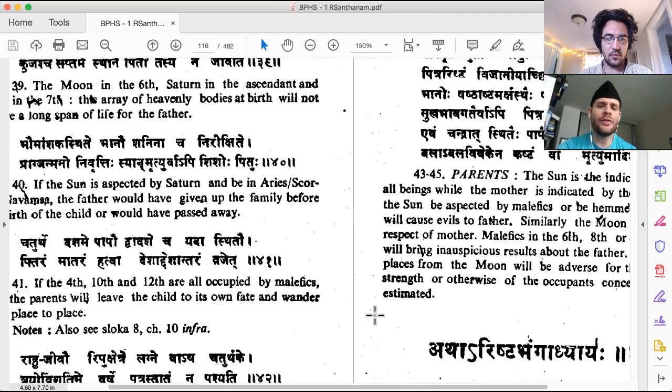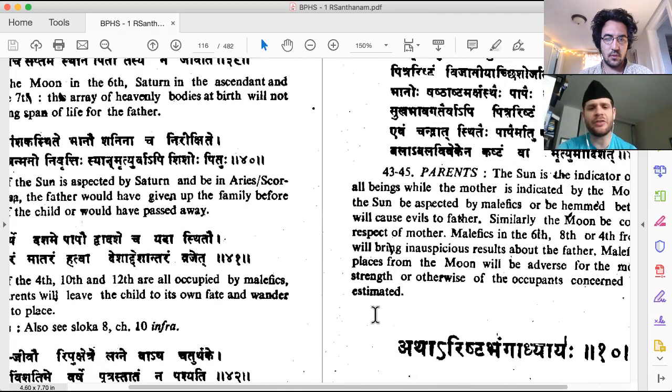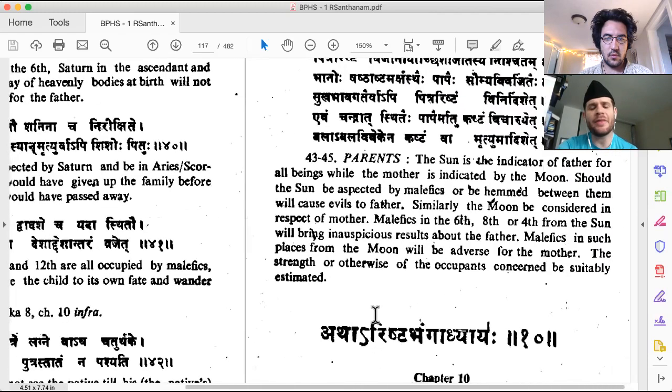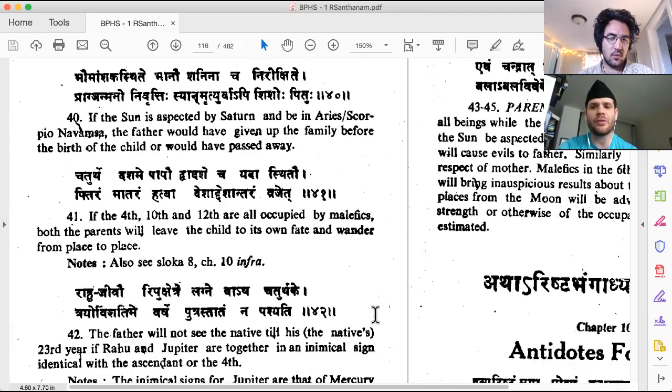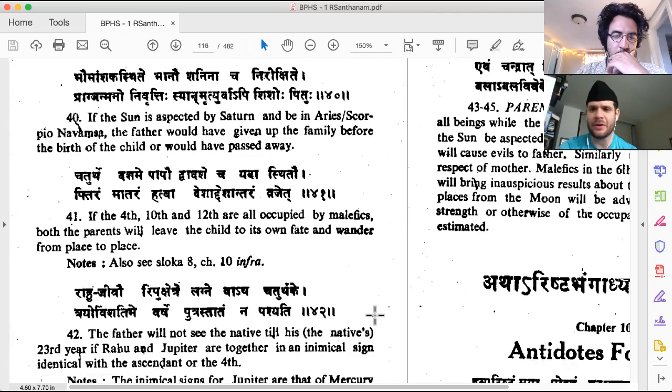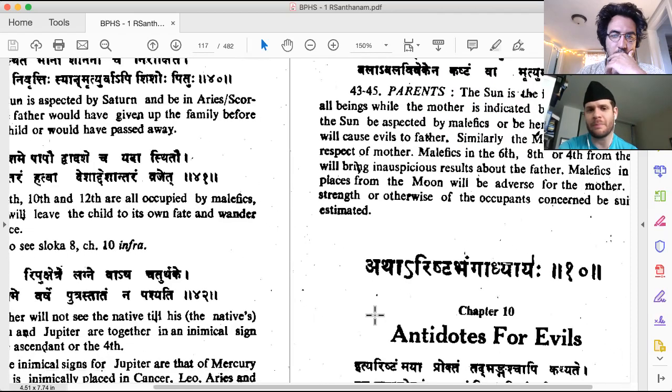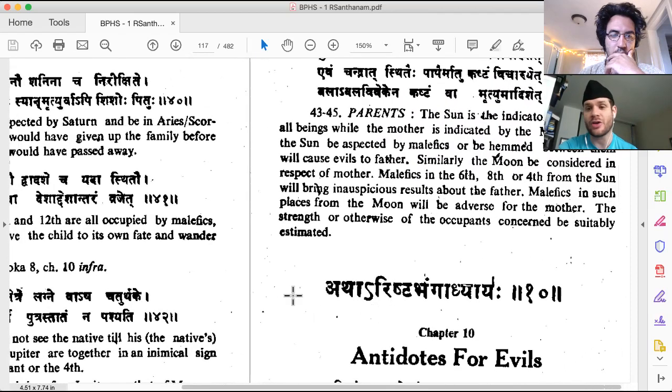Another thing I want to mention, two things before we finish this chapter, is that there's a debate here about what Parashara is alluding to when he says aspects. We just mentioned squares, but some people say these are also Rashi aspects. This is kind of tricky, because we just had a chapter where he explains Rashi aspects, but he doesn't explain planetary aspects.